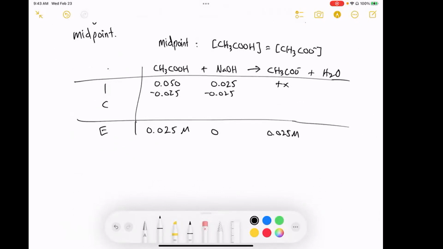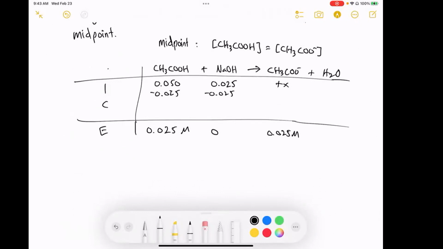That'll tell you the concentration of... okay, let's see here.